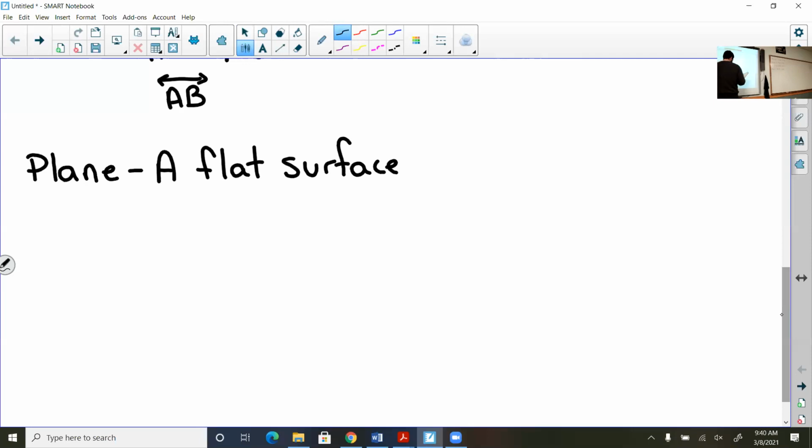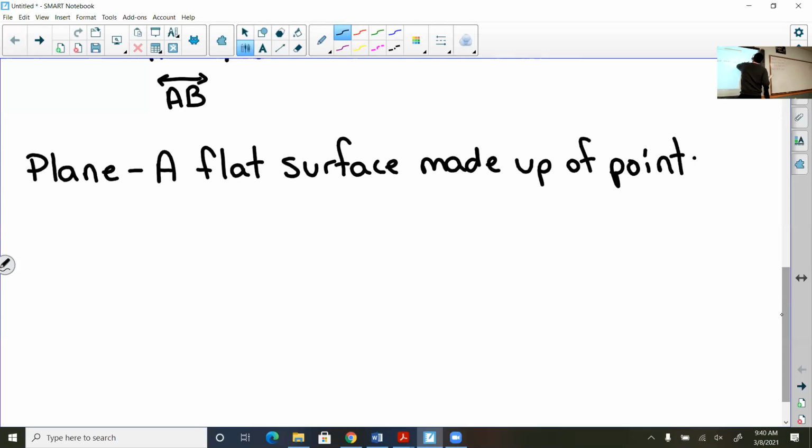So it's a flat surface made up of points. So again, kind of like a line is made up of points, a plane is made up of points as well. Now, even though we're only labeling a few of the points, that doesn't mean that there aren't more points on the plane.